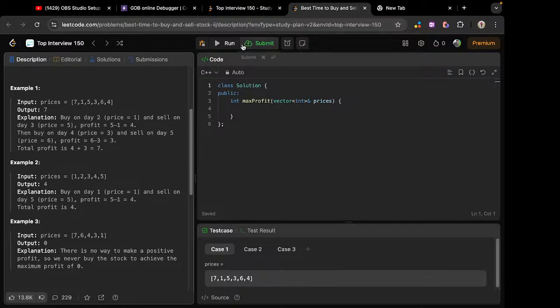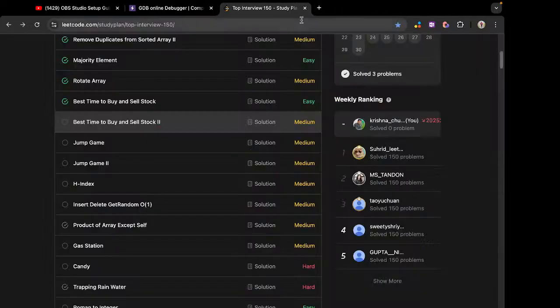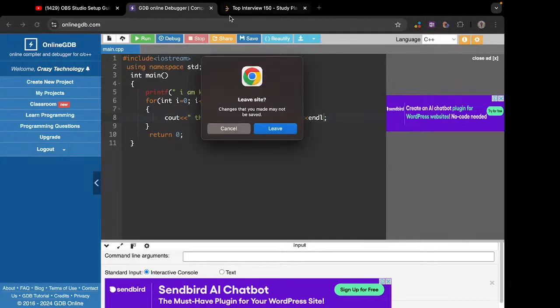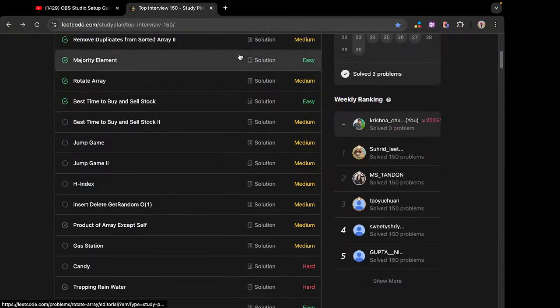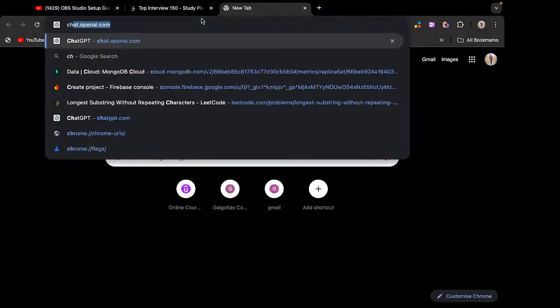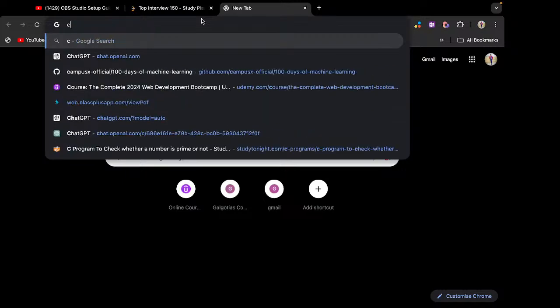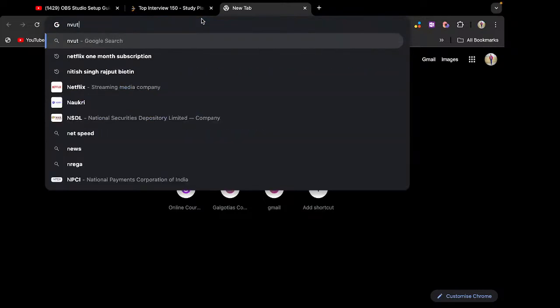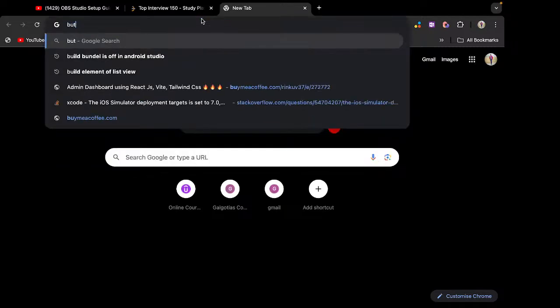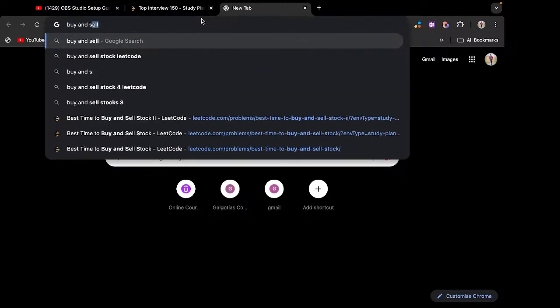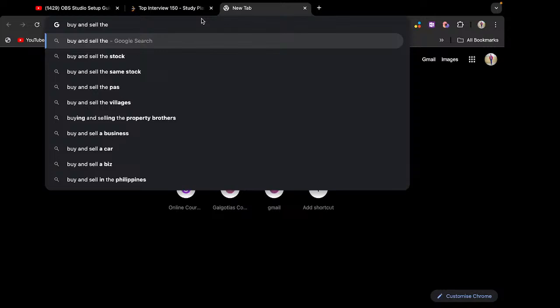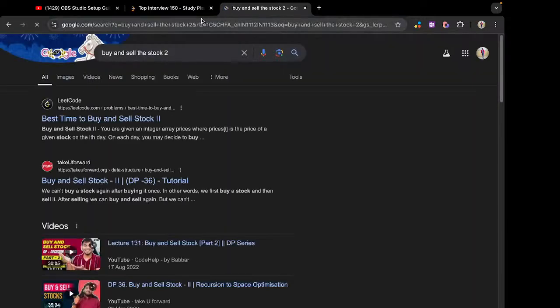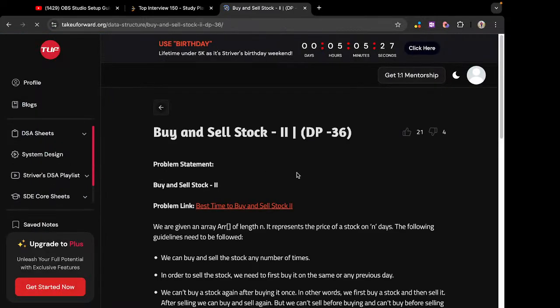I have to find some logic. Let's suppose sell the stock. Checking whether it is DP.